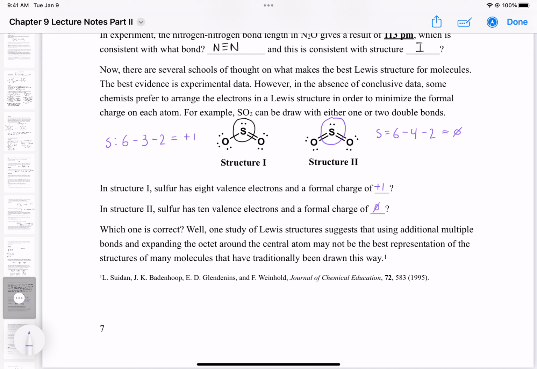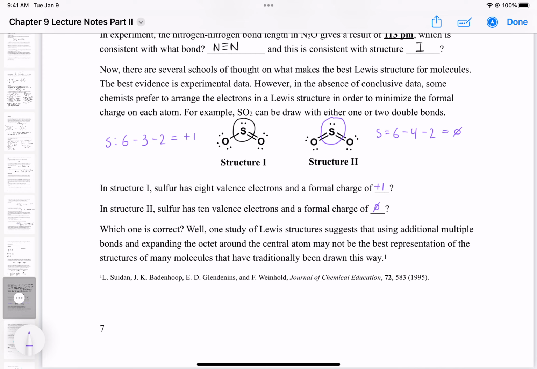So, in one study, using additional multiple bonds and expanding the octet around the central atom, it may not be the best representation of the structures of many molecules that have been drawn this way. So this is why I say as long as you have an octet, you're okay. There's nothing wrong with having formal charges in the molecule, but the rule of thumb is the best Lewis structure is when there's no formal charges at all.